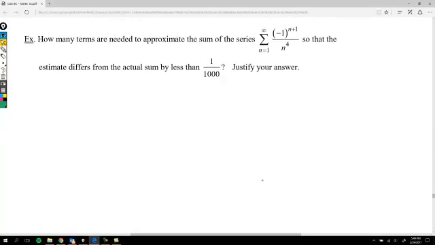All right, let's do another one. Next example, they want me to find out how many terms I need to get an error less than 1/1000th. Remember, you know that your error is the next term. So I just need to figure out which term is smaller than 1/1000th.